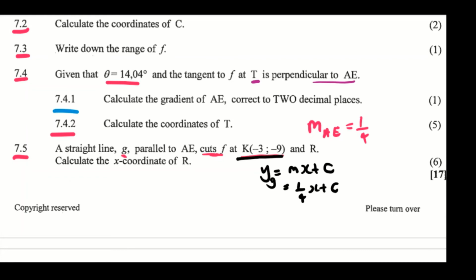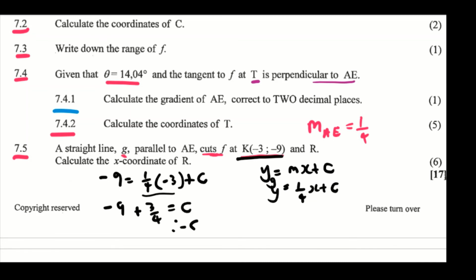Minus 3, minus 9. So where there's y, you're going to put minus 9, where there's x, you put minus 3. So it's going to be minus 9 equals 1 over 4 into minus 3 plus c. And then you transpose this to the other side. We have minus 9 plus 3 over 4 equals c.